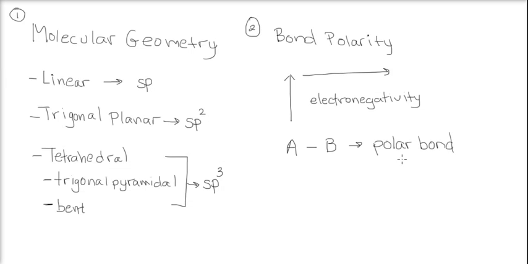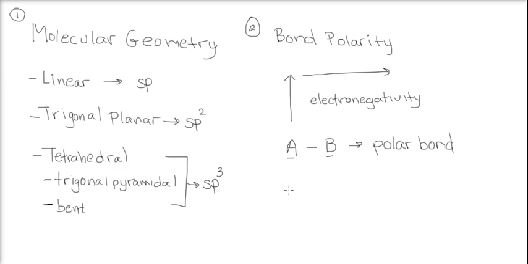Now there is a mathematical definition for what a polar bond is technically defined to be, but again, the actual numerical values are not what is important. What is important is the trend in electronegativity. So basically 95% of the time, if you have 2 different atoms, A and B, the bond between A and B is going to be polar.